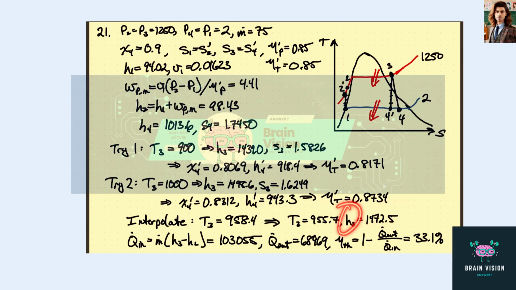So that's a specific enthalpy. Now we can figure out the rate of heat going in, which is about 130,000 BTU per second. The rate of heat flowing out is about 69,000 BTU per second, and the efficiency is now about 33.1%.